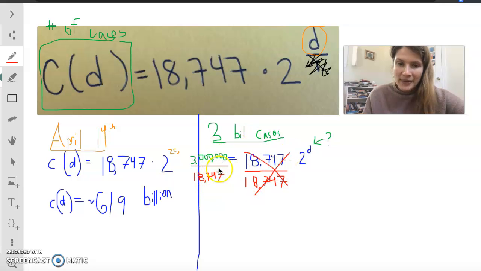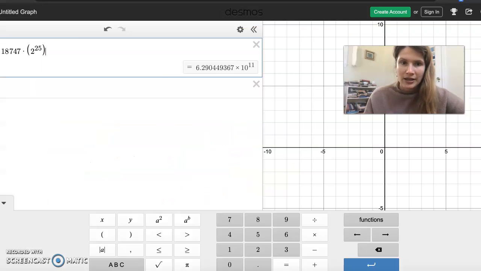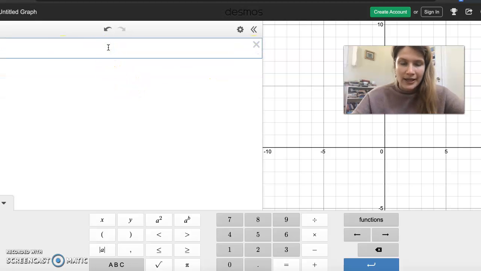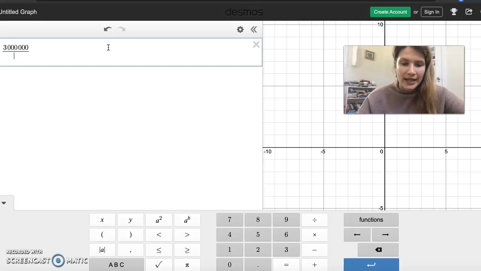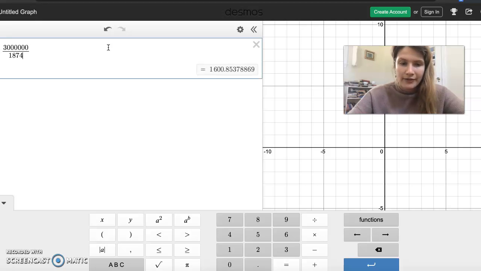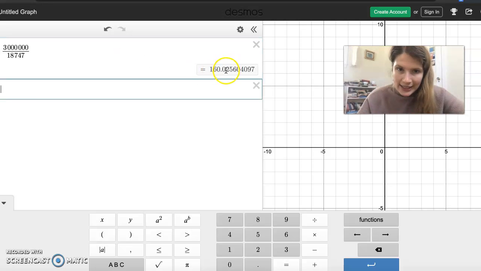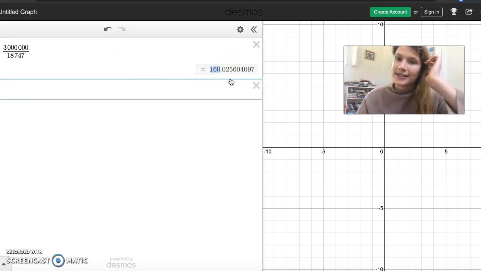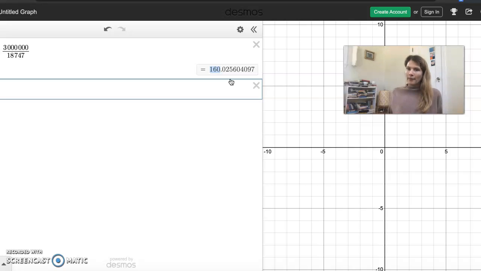And then I'm going to get this number in my calculator. So that's going to be 3 million divided by 18,747, and it's going to give me about 160. I'm just going to round to the nearest whole number, which is 160.